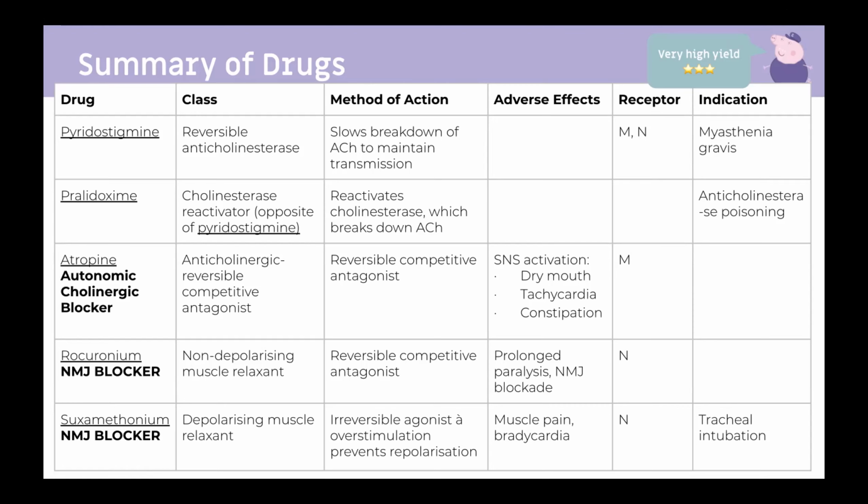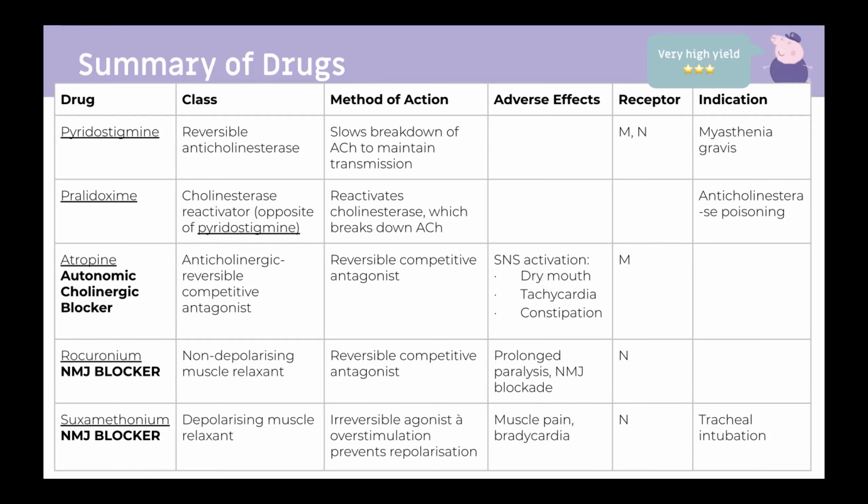All right, so pralidoxime will be a cholinesterase reactivator, and that is useful when you have what is known as anticholinesterase poisoning. Okay, so let's define anticholinesterase poisoning. Anticholinesterase, remember, is the thing that inhibits the breakdown of ACH.